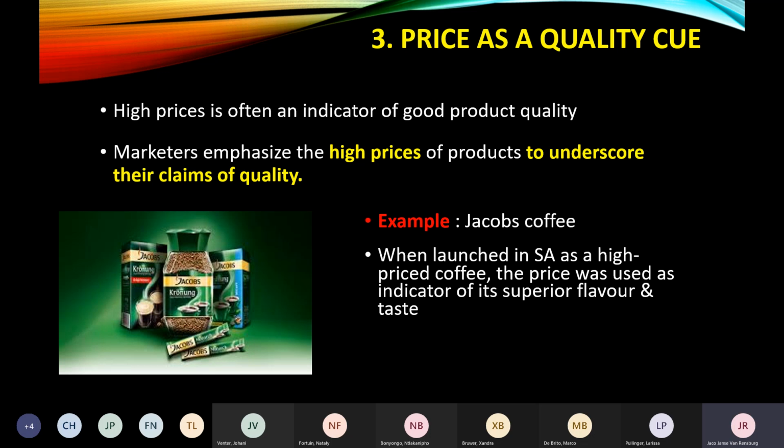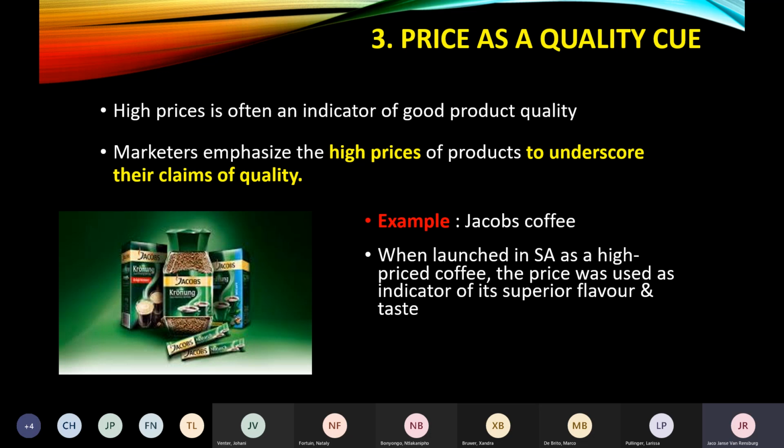When Jacobs Coffee launched in South Africa, they launched themselves as a high-priced coffee, and they cornered a certain section of the market. They converted Nescafe users to buy a more expensive coffee like Jacobs, because they did not mention that they are higher priced, they just mentioned that they are better quality. Because the price then was also higher, people made that association.